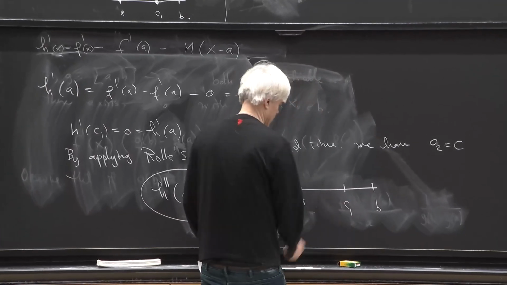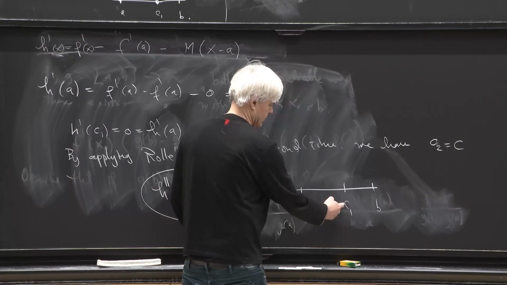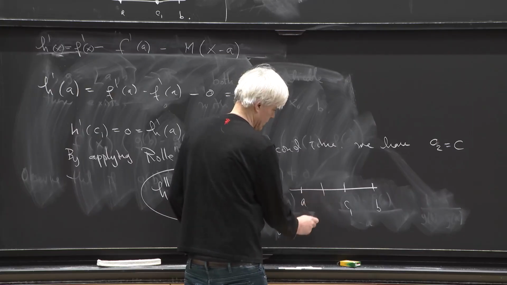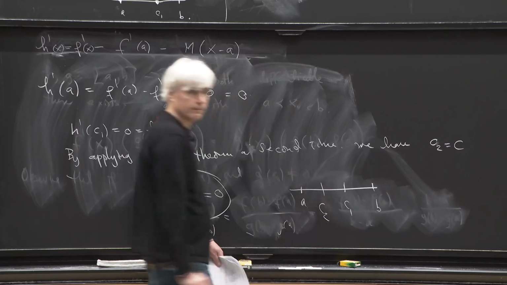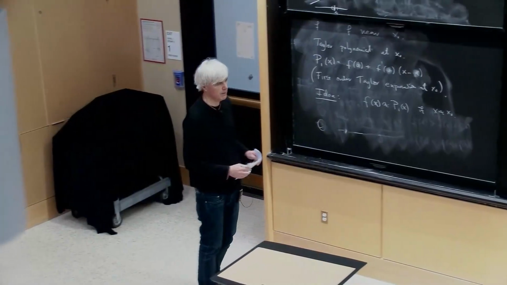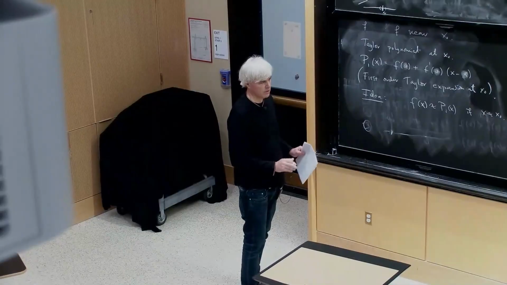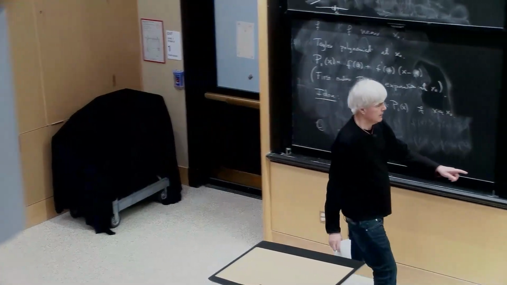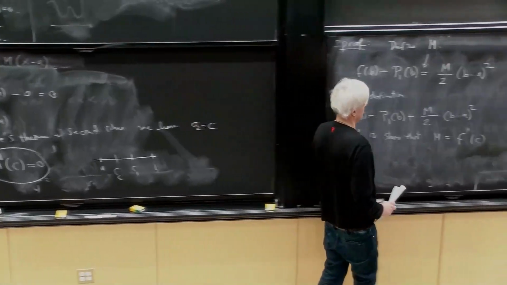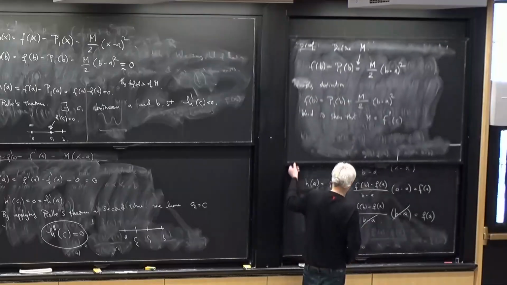But now you're looking at h prime in this interval. And so the second one is lying here, right? So it's certainly between A and B, but it's actually even between A and C1, right? Now, what does this here mean? So we hope that this is the point we're looking for.